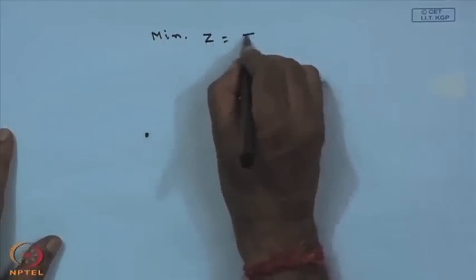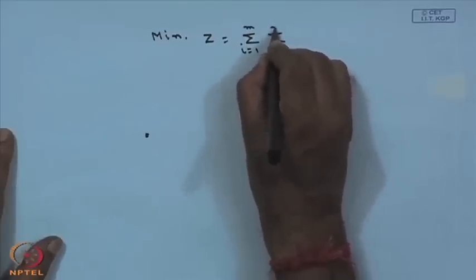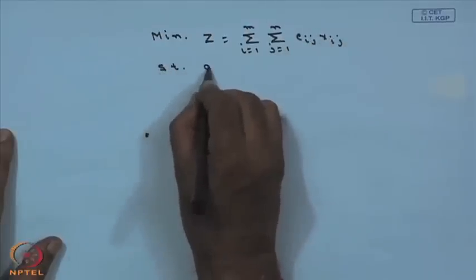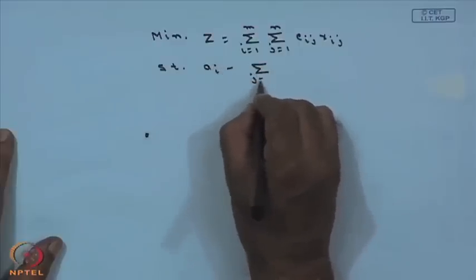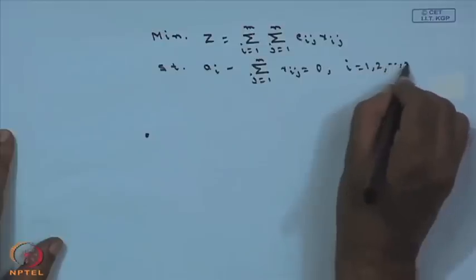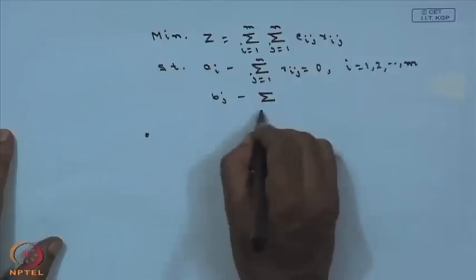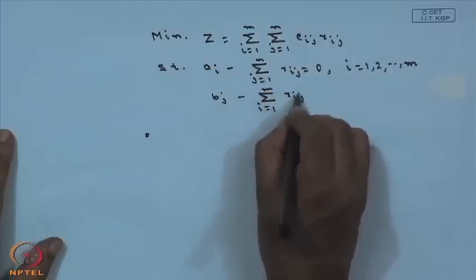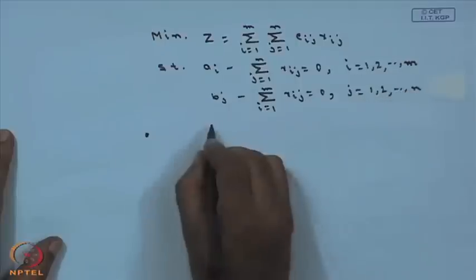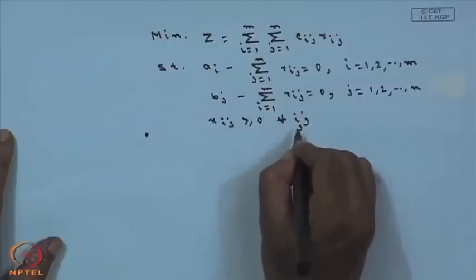You have the problem: minimize z equals the summation over i equals 1 to m, summation over j equals 1 to n, c_ij x_ij, subject to a_i minus the summation over j equals 1 to n of x_ij equals 0, for i equals 1, 2, up to m, and b_j minus the summation over i equals 1 to m of x_ij equals 0, for j equals 1 to n, and x_ij greater than or equal to 0 for all i and j.